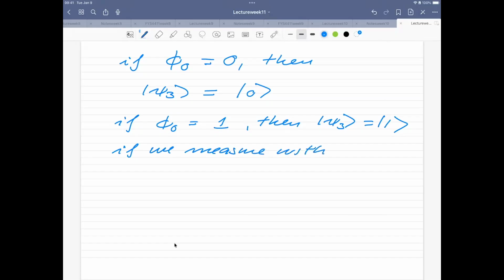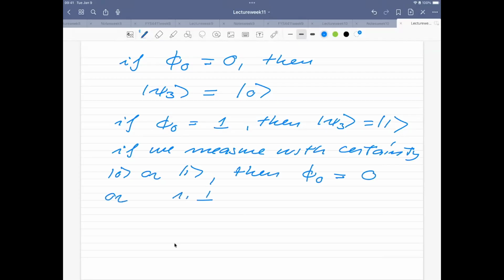So if we measure with a given certainty 0 or 1, then phi 0 is equal to 0 or 1 times 1/2, which is equal to 0.5.